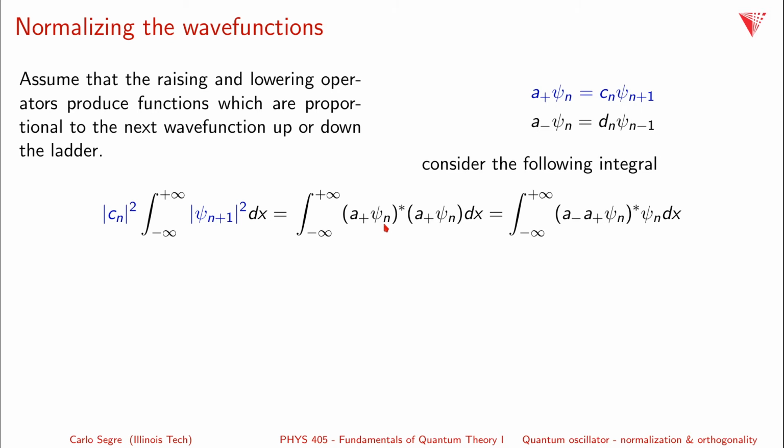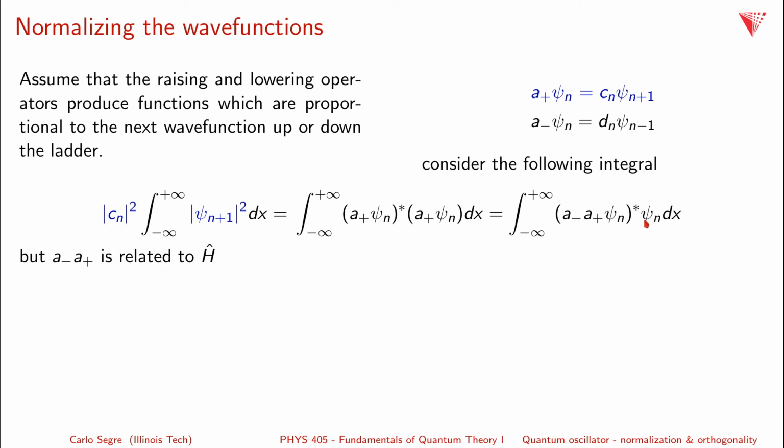alternatively, what we could do is move this operator, which is an A plus, over to the bra side, and it goes to the very left side when we add it in, but it becomes an A minus. So we can manipulate this and make it an A minus A plus psi n, applied all starred, and then psi n.